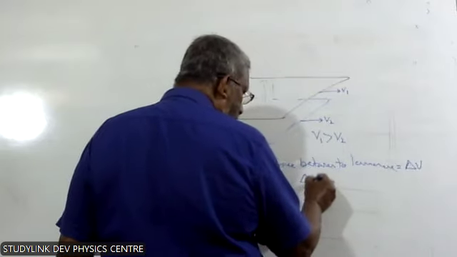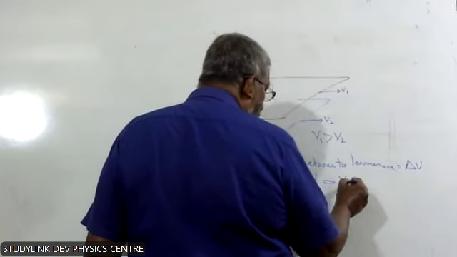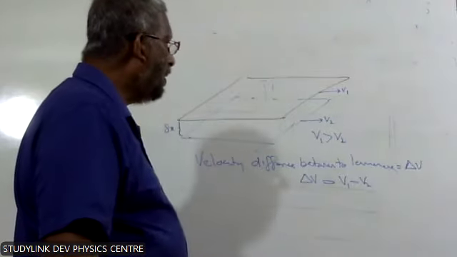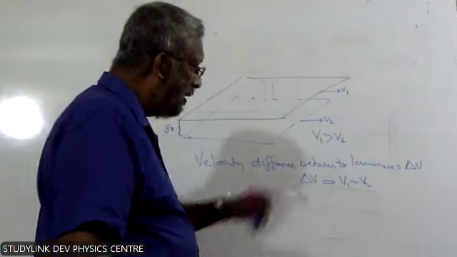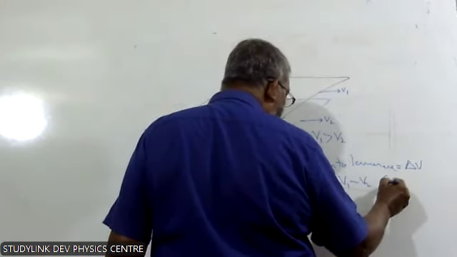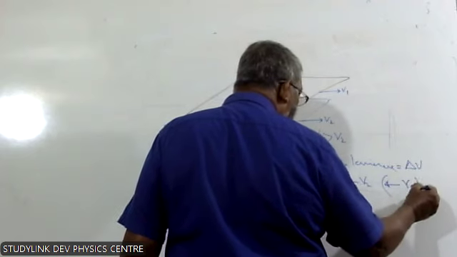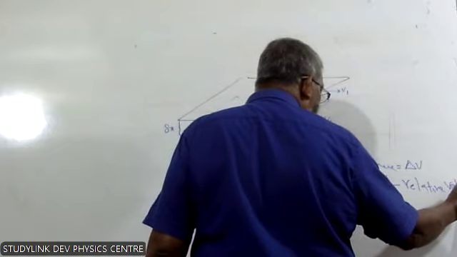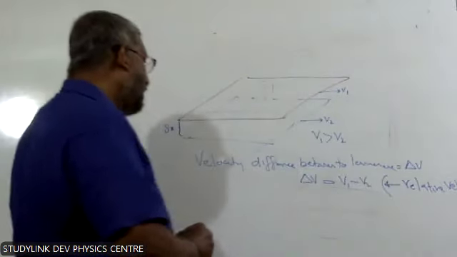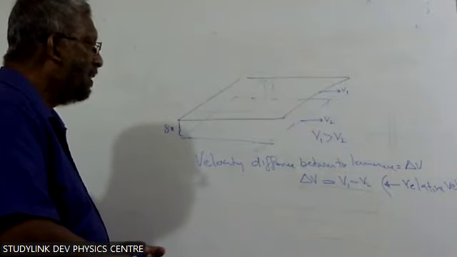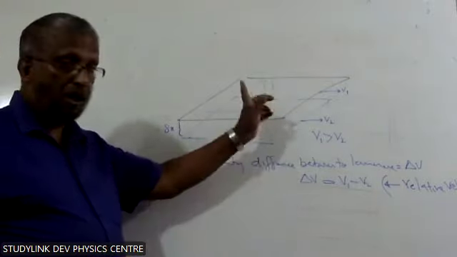Delta V is equal to V1 minus V2, the higher velocity minus the other velocity. This is actually relative velocity. Then write velocity difference between, draw and write.